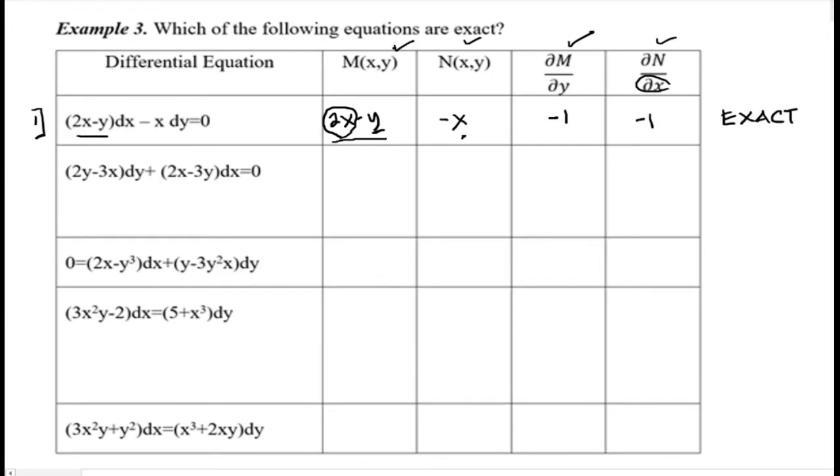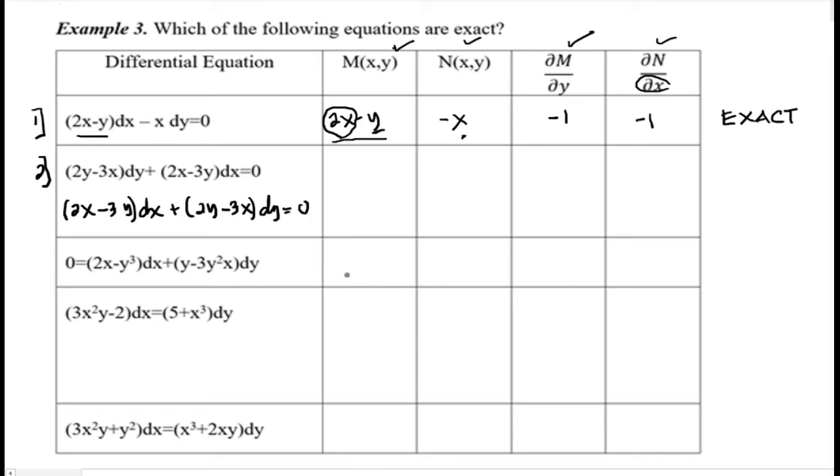Our second differential equation is 2y minus 3x dy plus 2x minus 3y dx equal to 0. As can be seen, our dy term is the first term, and this is not the standard form. So we are going to convert this equation into a standard form by writing first the dx term. We have here the 2x minus 3y dx plus 2y minus 3x dy is equal to 0.